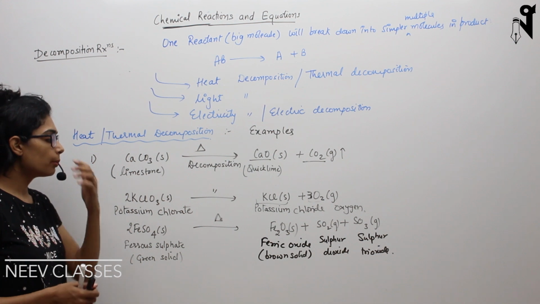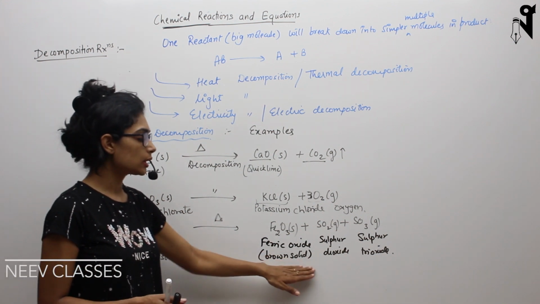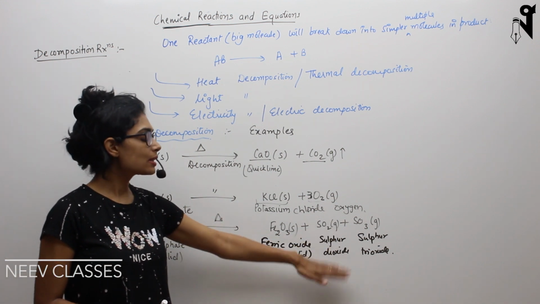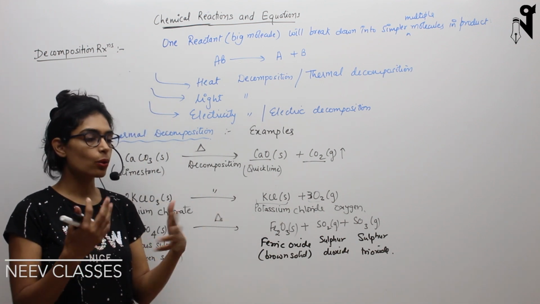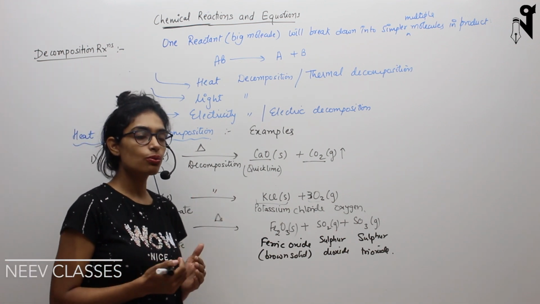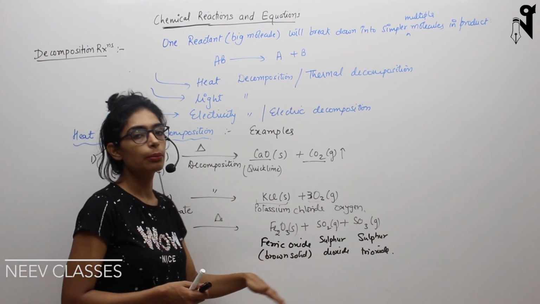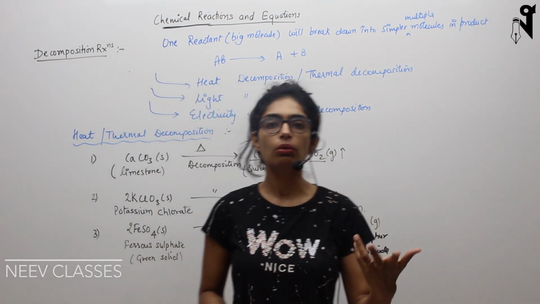So at that time you have to mention that the green color crystals will get converted into brown color crystals, because that color change will be visible. Your gases will get released, but you won't be able to identify which gas is which, because they don't have different color. But observation wise, you will mention that the green color crystal will get converted into brown color solid. Okay, or green color of FeSO4 will change into brown color.